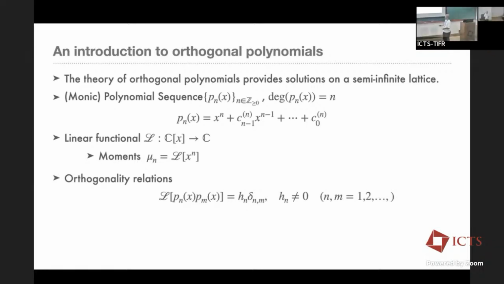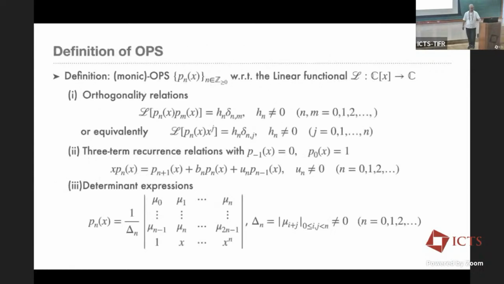Okay. And of course, we assume the orthogonal polynomials have this type of orthogonality relation. This is a very standard one. Maybe some people are not so familiar with this, so firstly I will show you there are several definitions of an orthogonal polynomial system. This is the orthogonality relation for an orthogonal polynomial system.